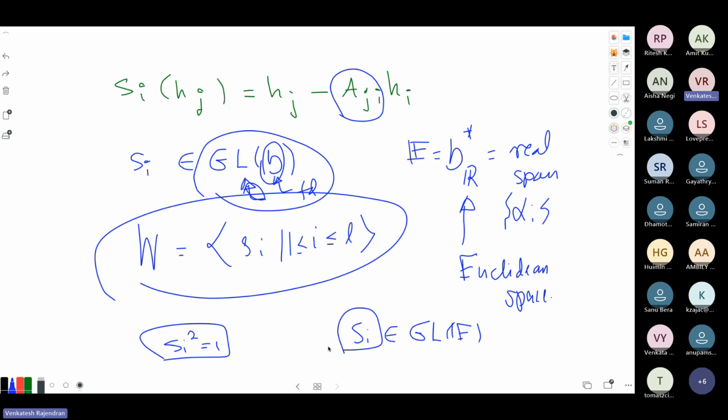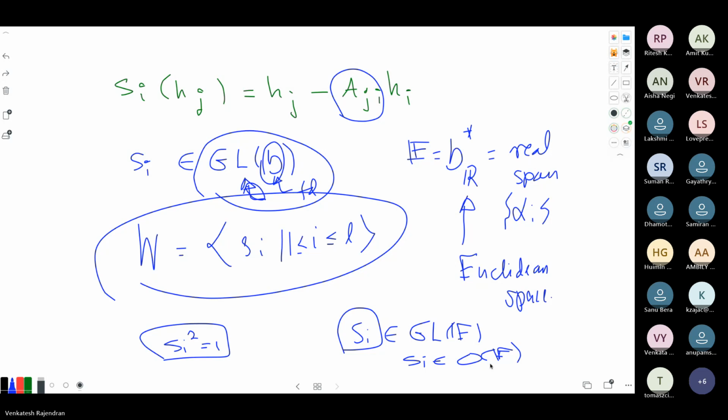So they are orthogonal transformations, and these s_i's lie inside the orthogonal group. To prove that it is finite, it's enough to prove it is bounded inside this discrete orthogonal group.